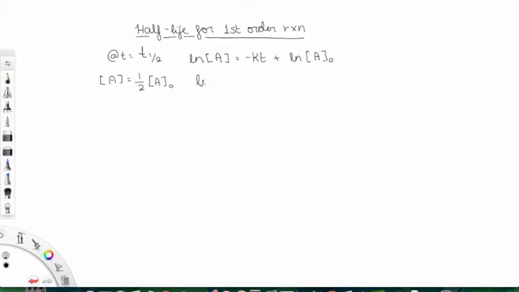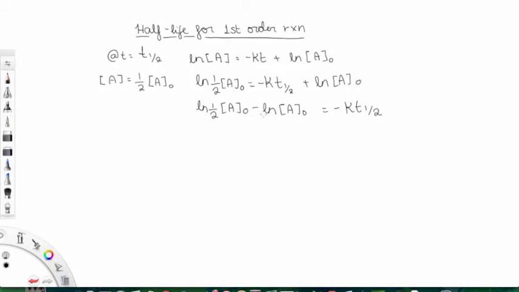So we do ln 1/2 A0 equals negative kt, but now the t is the half-life, so T 1/2, plus ln A0. From here we do ln 1/2 A0 minus ln A0 by moving this over to the other side, and this equals negative kT 1/2.